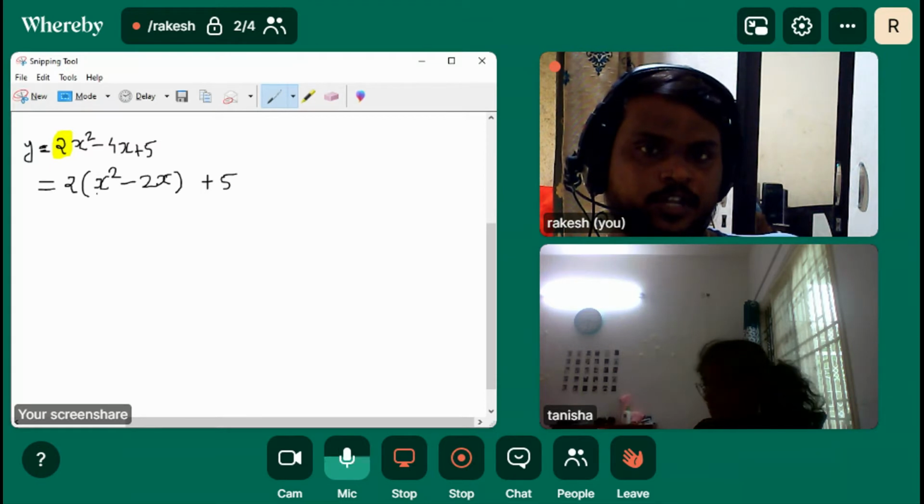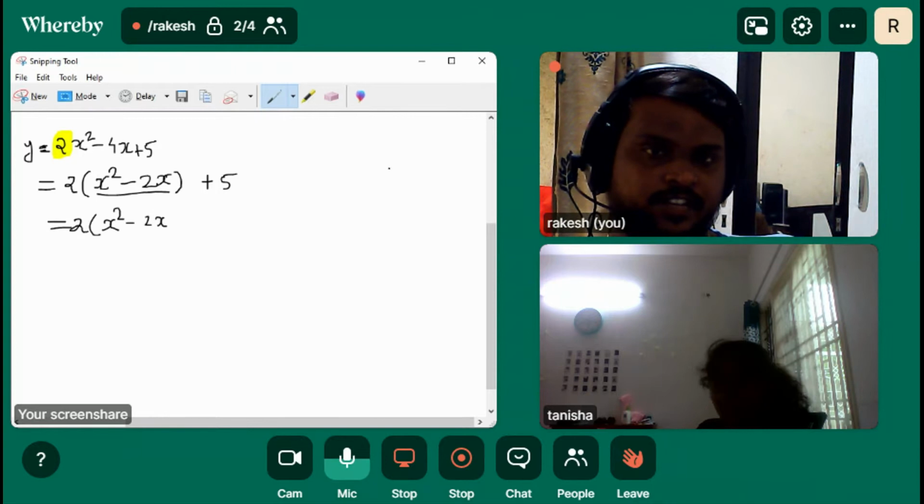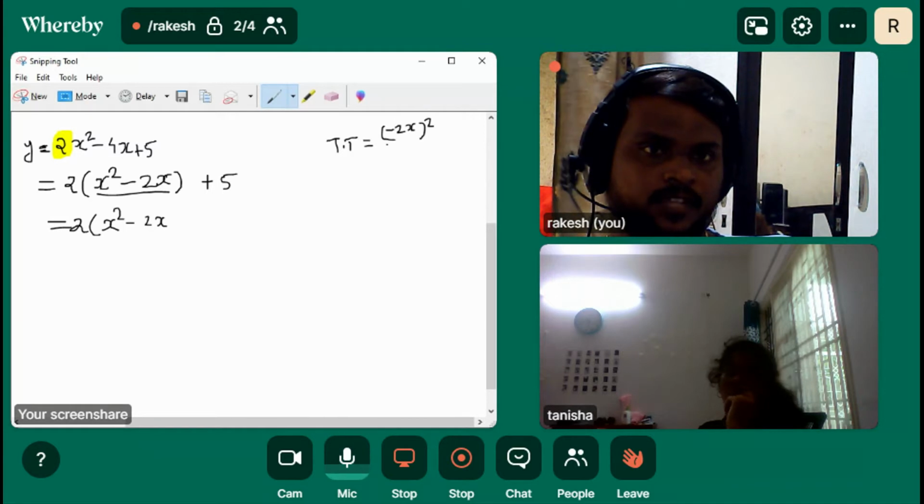Now we got two terms here. We want the third term to be evaluated. By using the first and second term, we can definitely find out the third term. So T stands for third term, and the formula is the middle term the whole square upon 4 into the first term. Middle term the whole square, which is minus 2x the whole square upon 4 into first term.